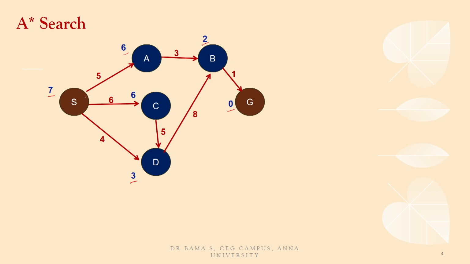From S to A, the actual cost is 5, from S to C the actual cost is 6, from S to D the actual cost is 4. Whatever is marked in red is the actual cost, g of n, and whatever is marked in blue, near the nodes, is the h of n. So, h of n for S is 7, the same value that I gave for greedy best first search.